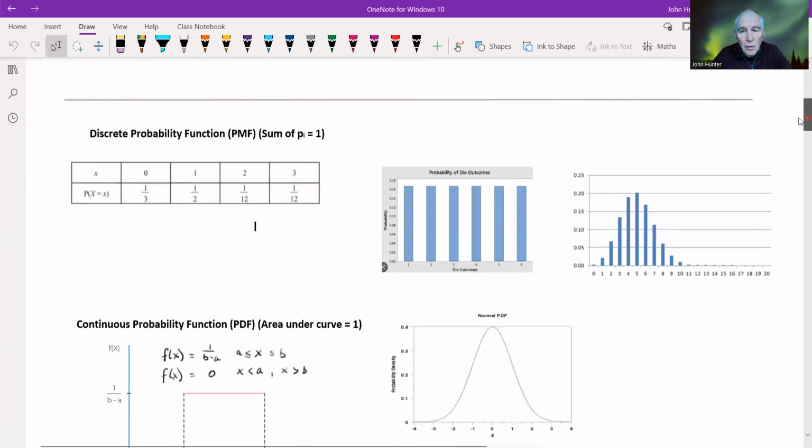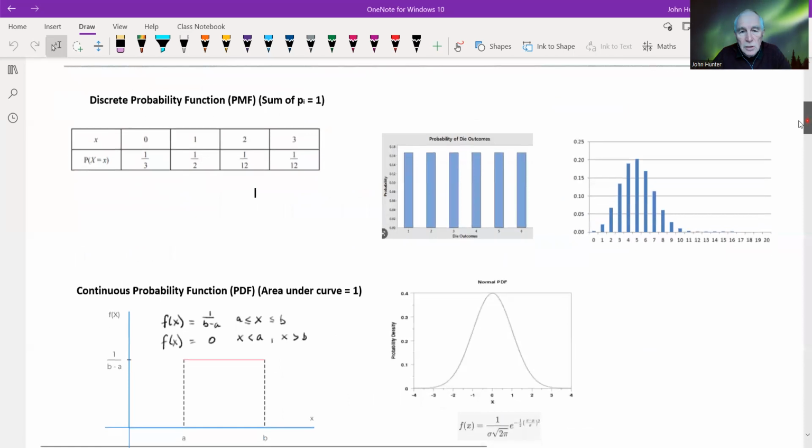Let's have a look at how we might describe these in terms of probability functions. Let's look at some discrete random variables. For starters, this would be a very simple, straightforward way of doing it. We've got a random variable that can take 4 different values, 0, 1, 2, 3, and each of those has a probability.